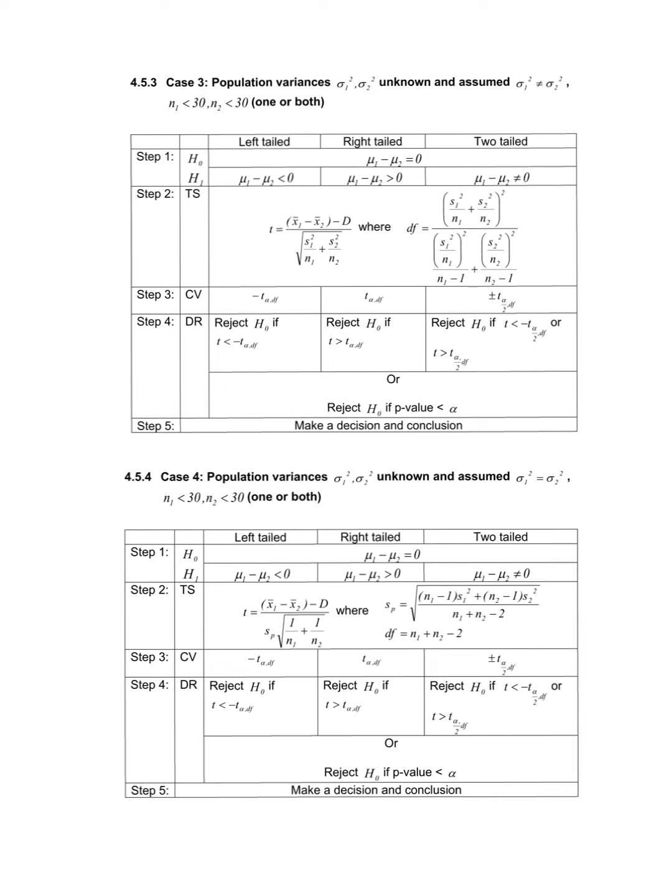Okay, for case number 4, population variance unknown, but we assume equal. So case number 3 and case number 4, we use T, but case number 1 and case number 2, we use Z. For case number 4, we must first calculate the pooled standard deviation: n1 minus 1 times S1 squared plus n2 minus 1 times S2 squared, over n1 plus n2 minus 2.